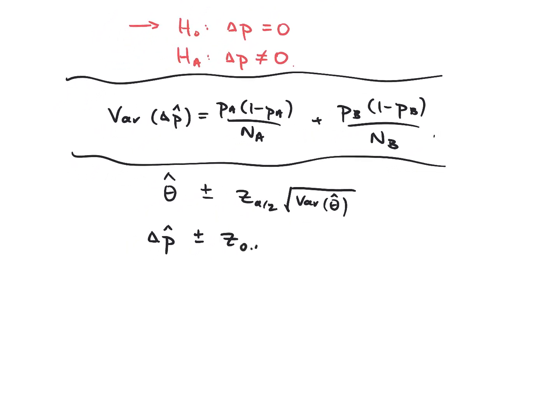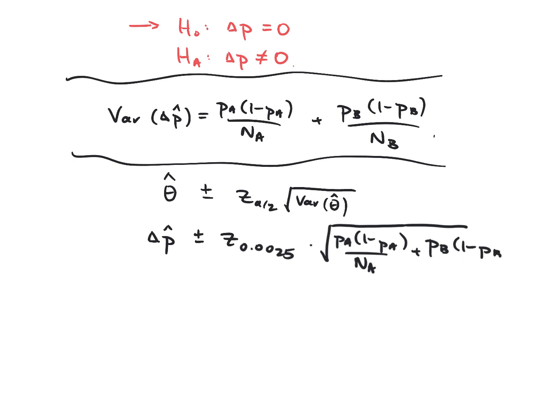Okay, z of 0.025 times PA times 1 minus PA over NA plus same thing for group B, PB times 1 minus PB over NB.